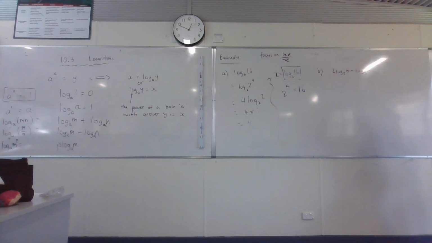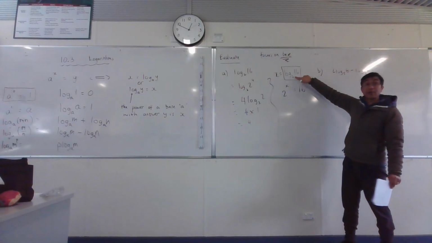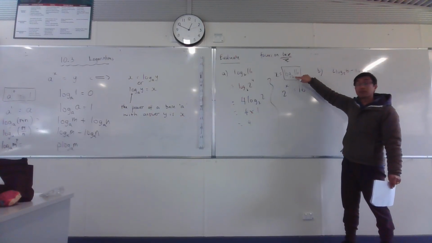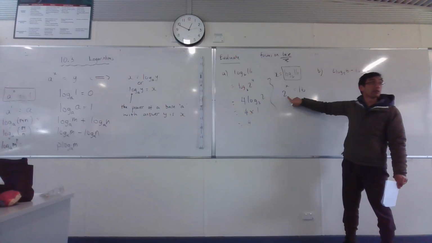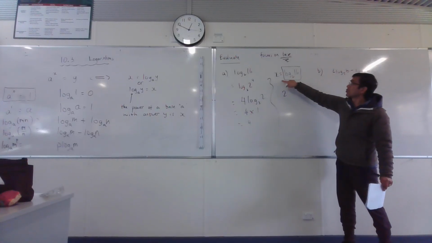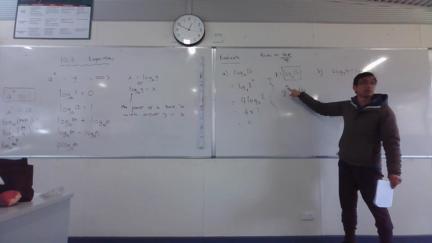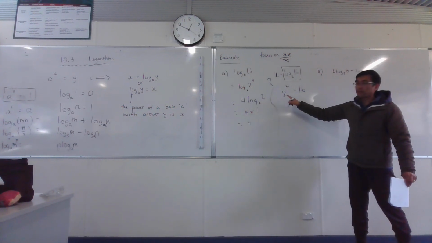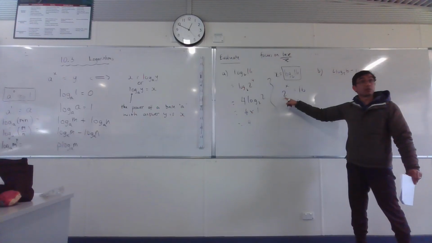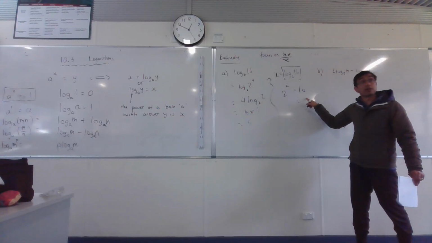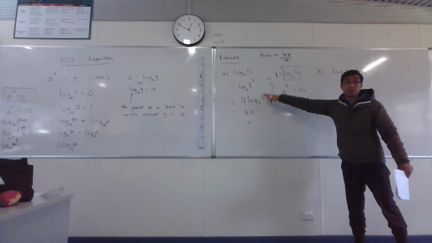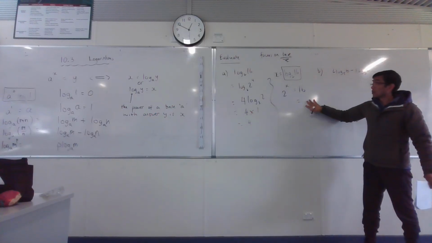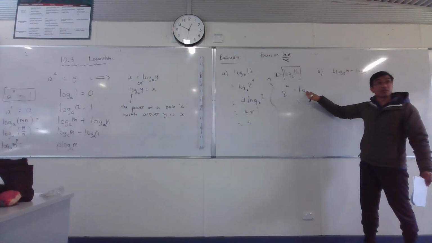Notice what Tim has done. A base in the log can be the base on the other side. It kind of pushes this up into the power. And how do I relate this side of a base 2 with this side of the base 2? We've got a base of 2 here, 16.